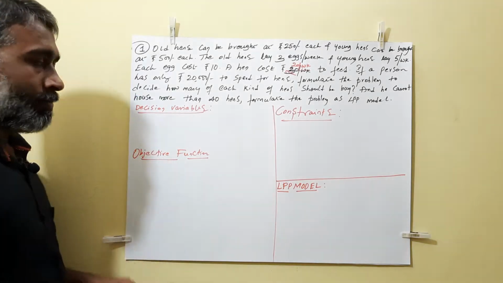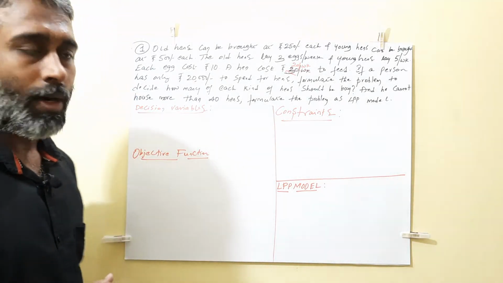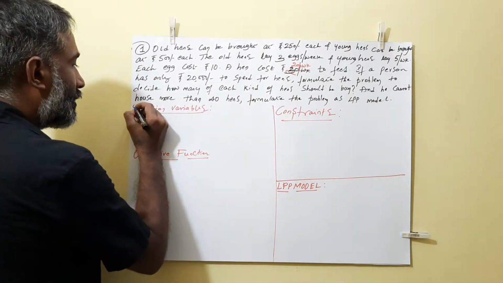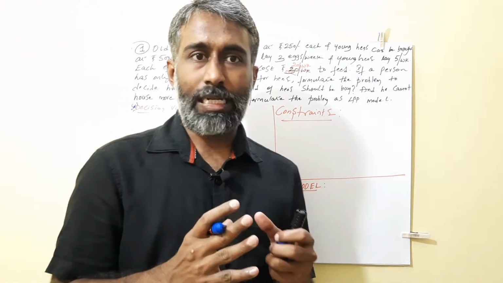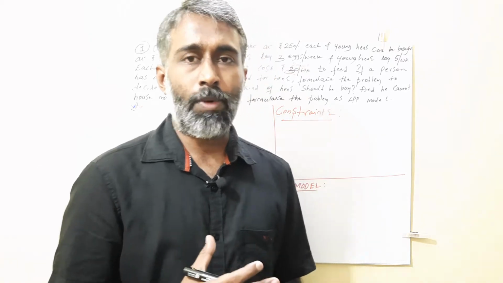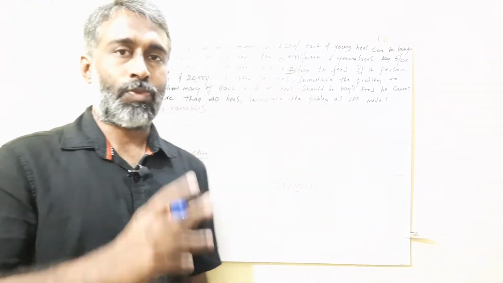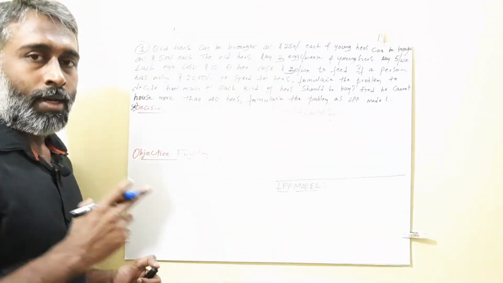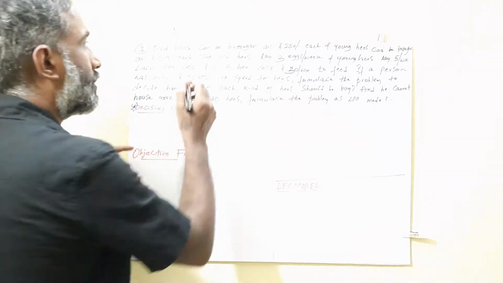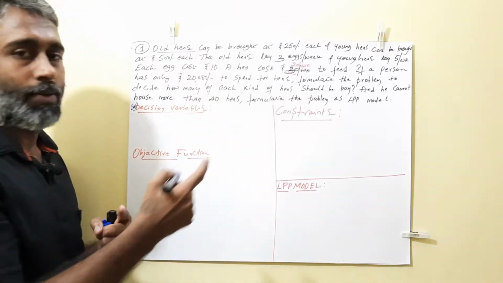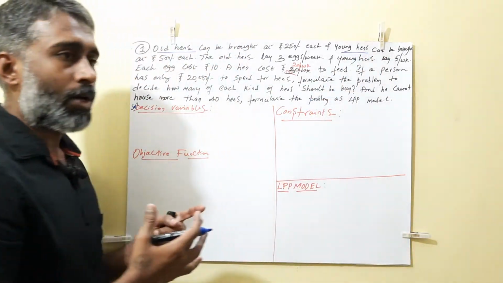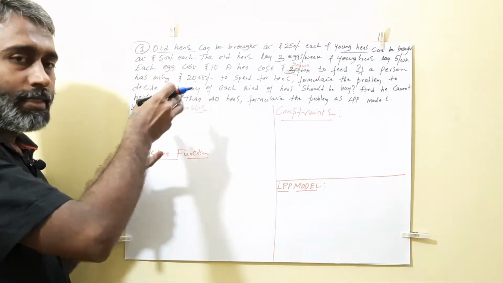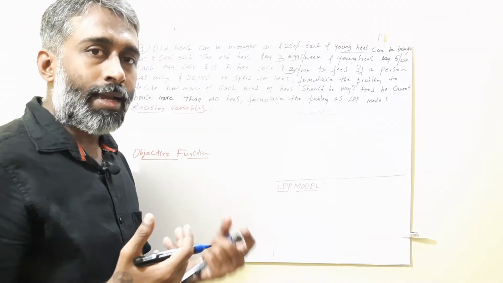The first thing when formulating an LP model is to identify the decision variables. That means the variables that control the outcome of that particular situation. There are two things which control the situation here: one is the old hens, the other one is the young hens. His profit depends on how many old hens and how many young hens he has.